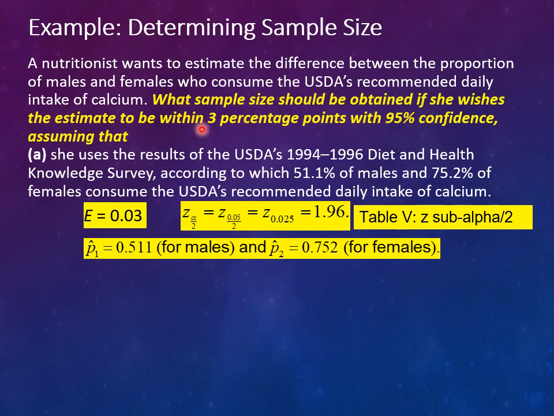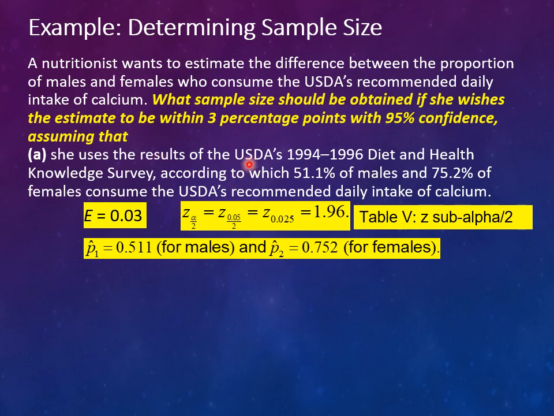Our error rate is 3 percentage points, so that's 0.03. For our z alpha over 2, we have a 95% confidence interval, so our alpha is 0.05, and alpha over 2, 0.05 over 2, is 0.025. The z value, z sub 0.025, is 1.96, and this is again from table 5, the smaller table at the bottom, the z sub alpha over 2 table.